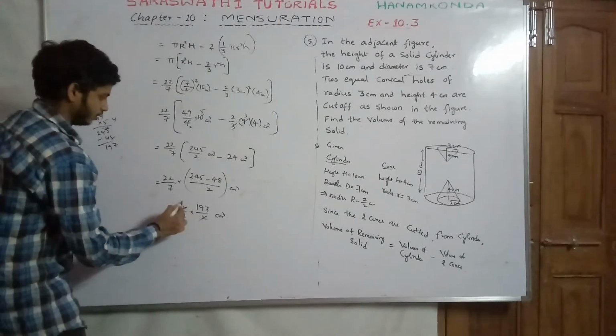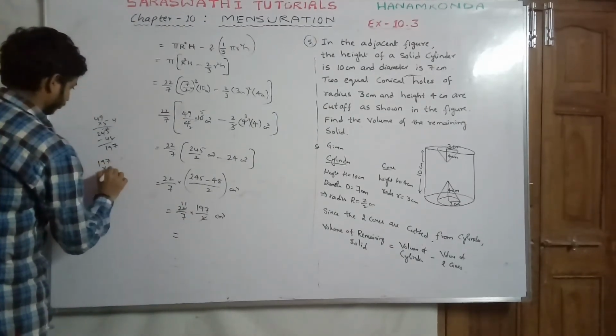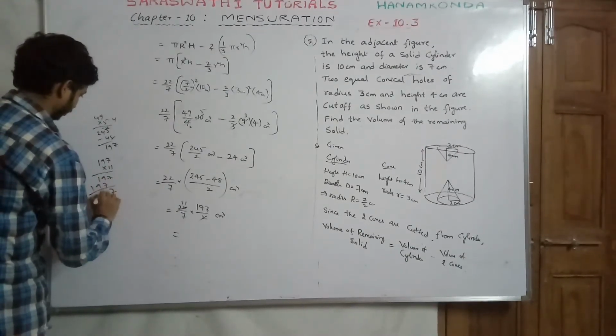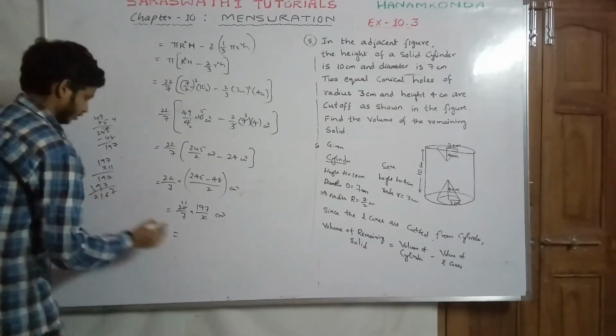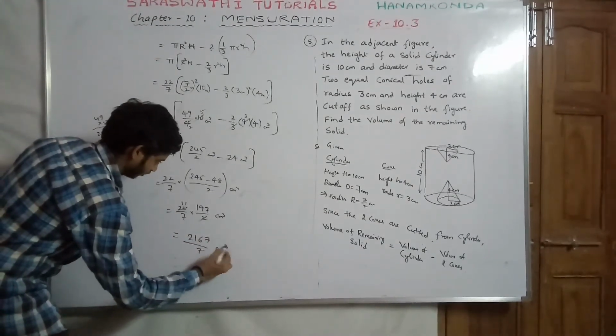2 1s are 2, 2 11s are 22, so it is 197 into 11, which is 2167 by 7 cubic centimeters.